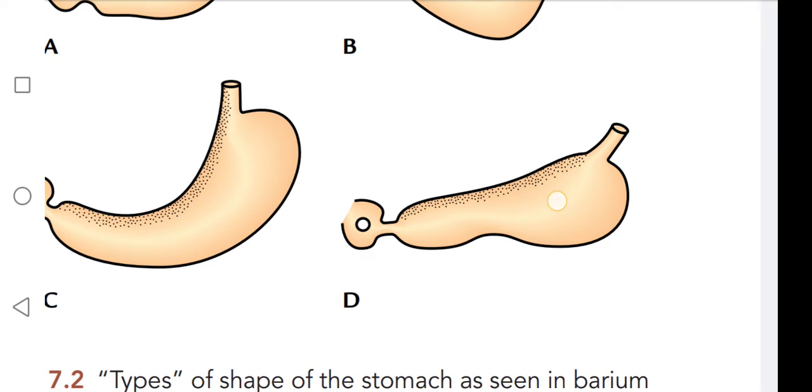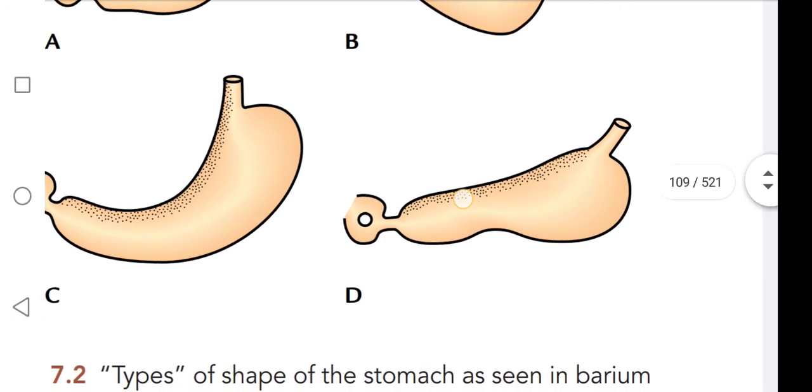Stair horn shaped is seen in short obese persons, where the stomach is high and transverse. This type of stomach, that is stair horn shaped stomach, is seen in short obese persons.